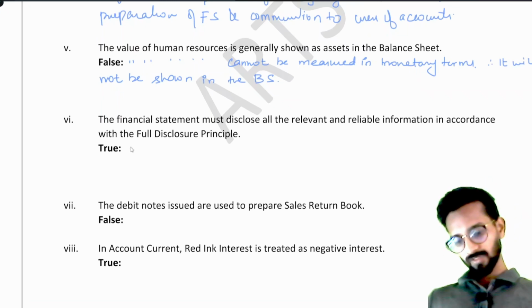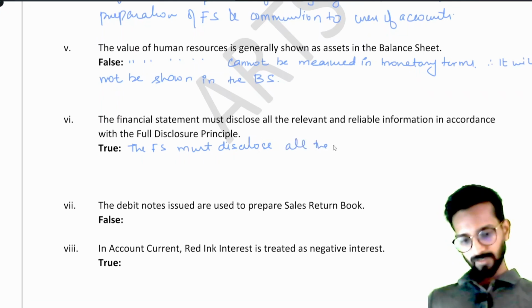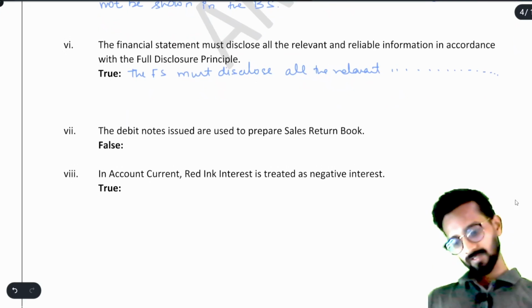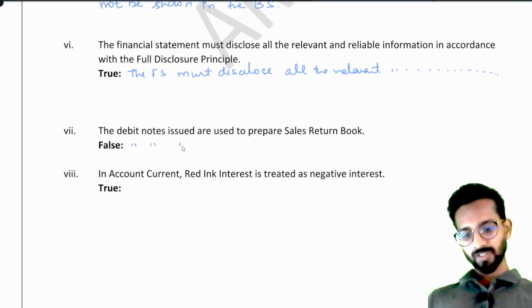So it is true: the financial statement must disclose all the relevant and reliable information in accordance with the full disclosure principle. It is exactly the same. Now, the 7th is: the debit notes issued are used to prepare the sales return book. Oh my god, it is obviously false, because the debit notes issued are used to prepare the purchase return book.